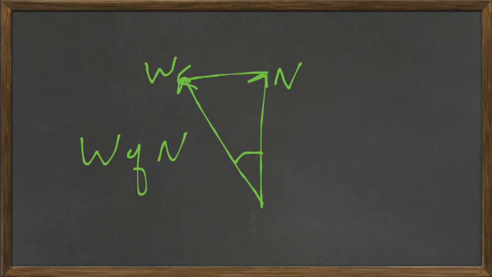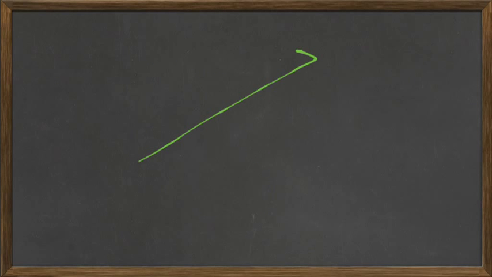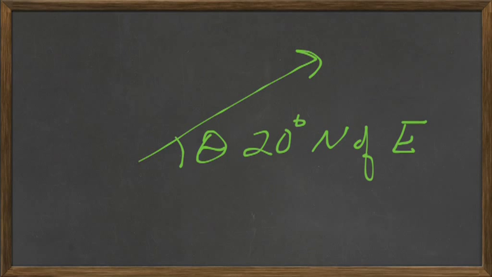Now sometimes, when you're working with these, especially if you're solving for an angle, let's say you have this guy right there, and he's 20 degrees north of east. If when you worked the problem, you solved for that angle right there, that's okay. There's nothing wrong with that.